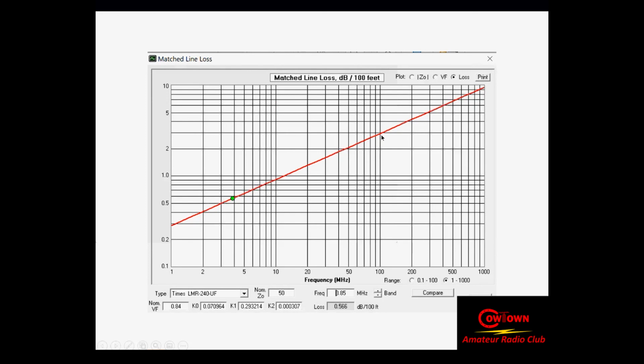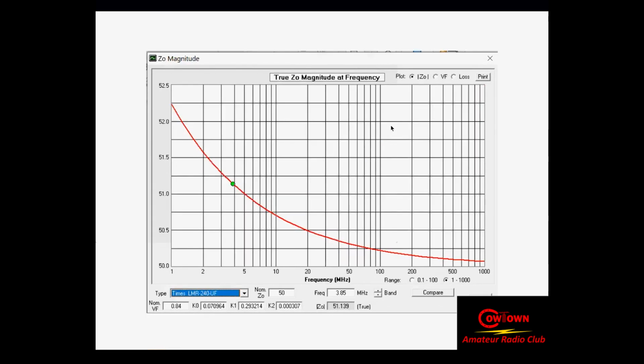At 100 megahertz, it's almost 3 dB per 100 feet. So if you were going to run your 2-meter rig at 144 megahertz, you would be talking about less than half of the power coming out of your radio getting past the losses in the coax. Got to keep that in mind.